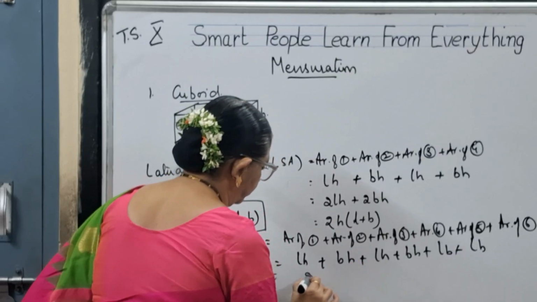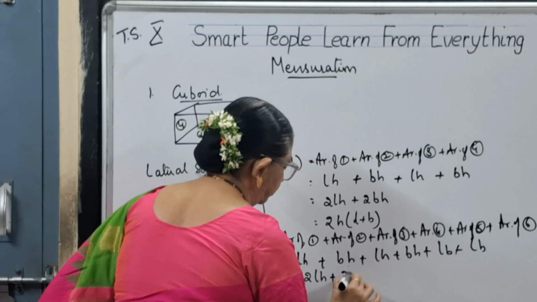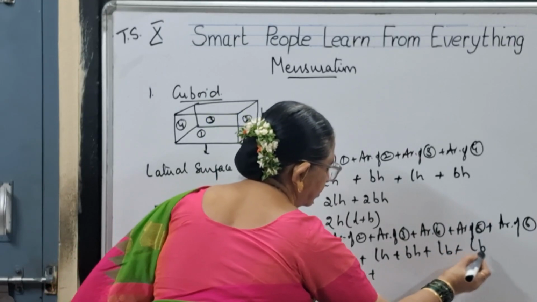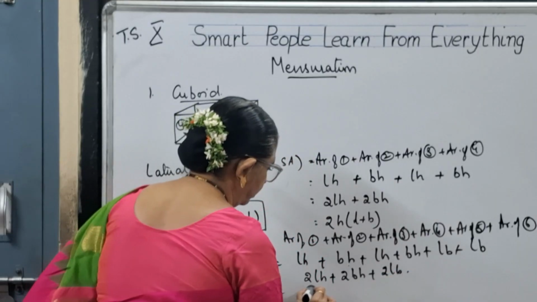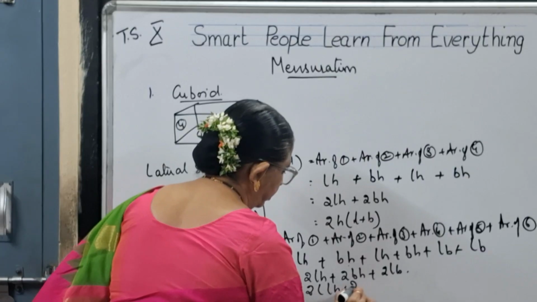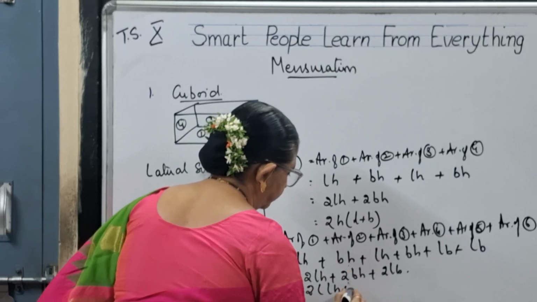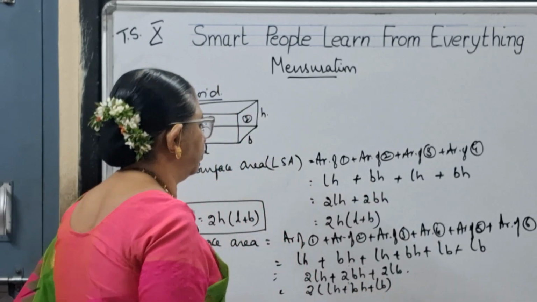LH, LH, 2 times of LH plus BH, BH, 2 times of BH plus LB, LB, 2 times of LB. That means how much? 2 into LH plus BH plus LB. This is the formula.